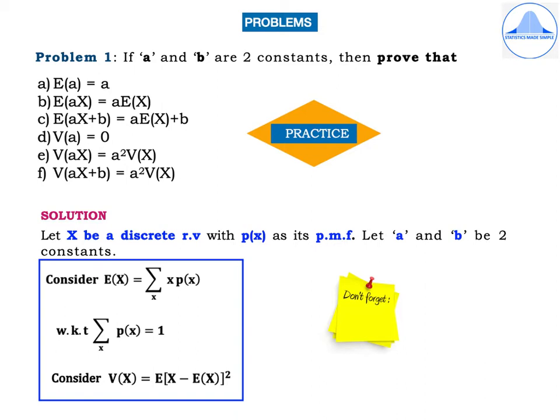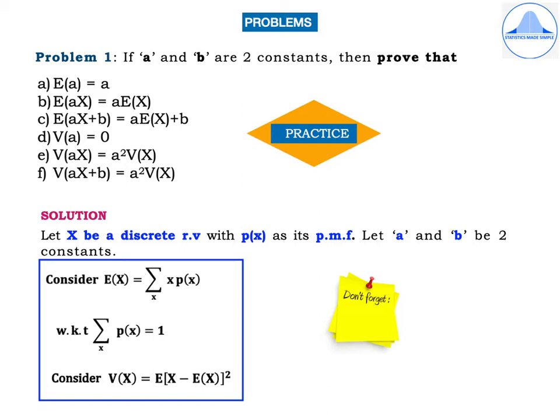Now, since the 6 results are based on expectations and variances, we will list down some of the formulae which you should not forget, and it will help us to prove the results. So first I will write down the E of X formula. E stands for expectation of the random variable.